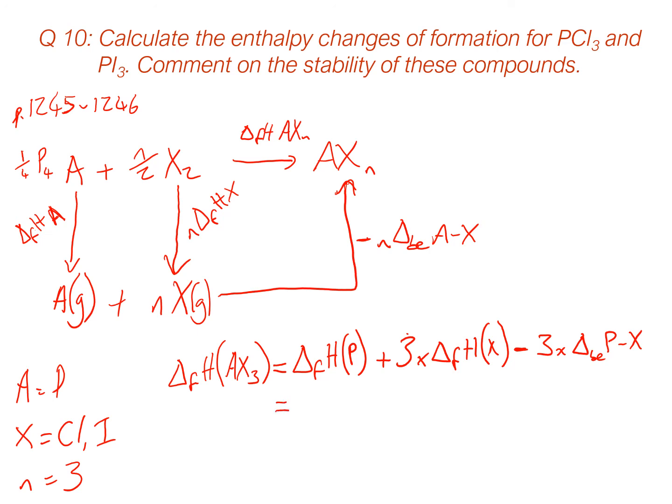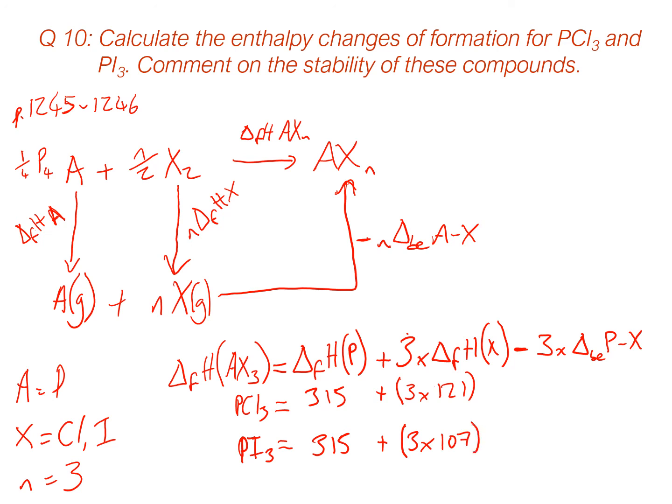So then if we add all the numbers in, we'll do it for PCl3 and PI3 at the same time. The enthalpy change of formation for a mole of phosphorus is 315. That's the same for both of them. Then we need to do 3 times the formation energy of a mole of halogen. So for chlorine, that is 121 kilojoules per mole, and for iodine, we're going to get 3 times 107 kilojoules per mole.